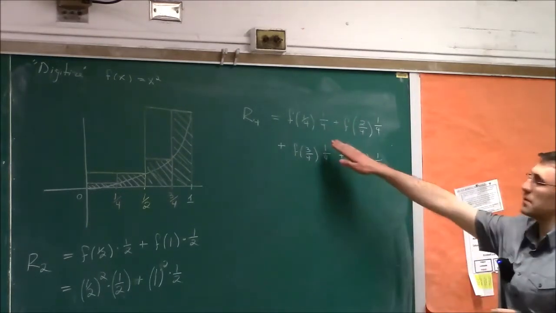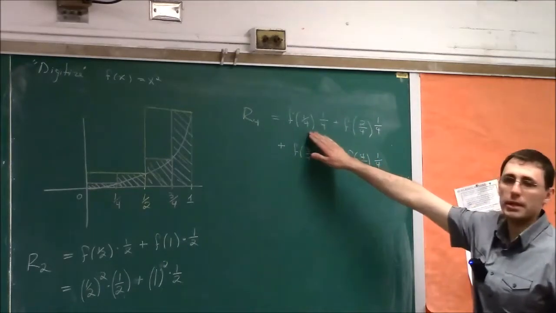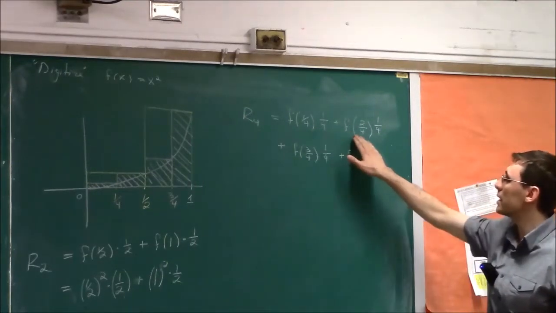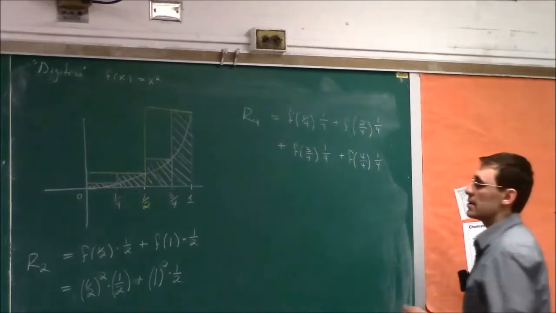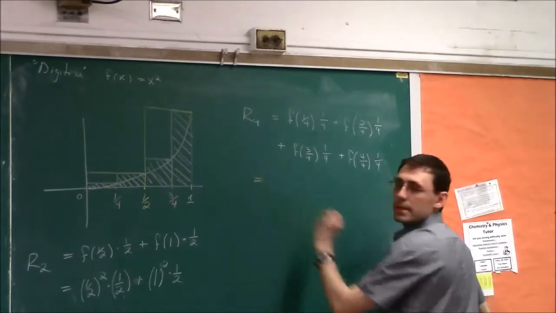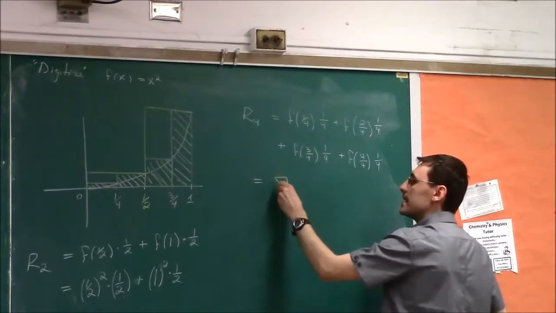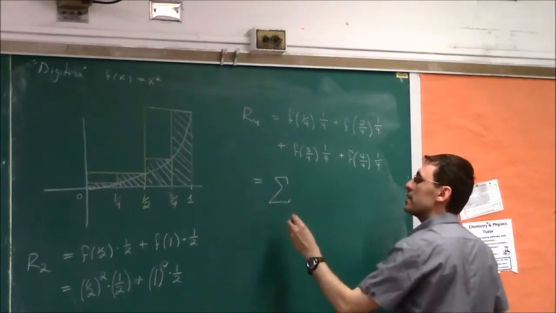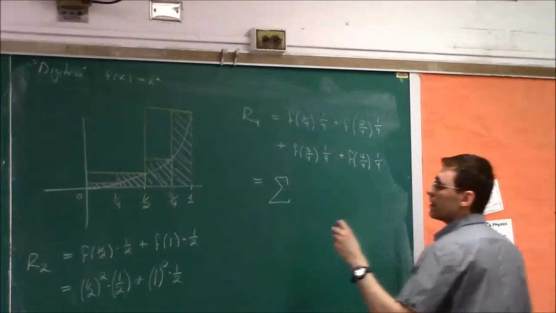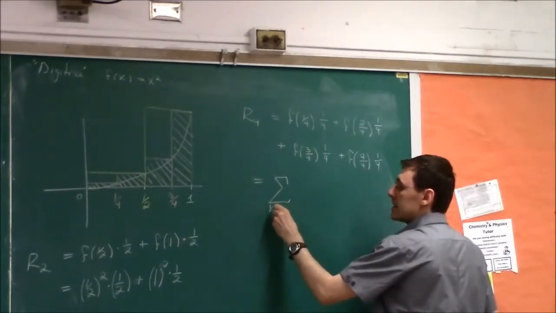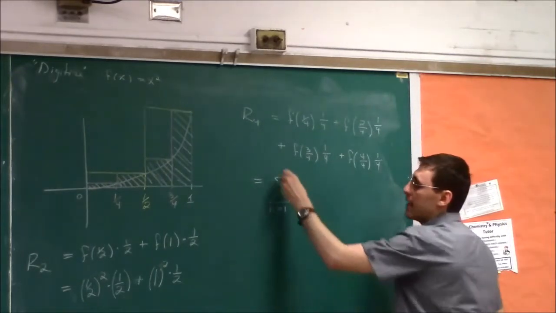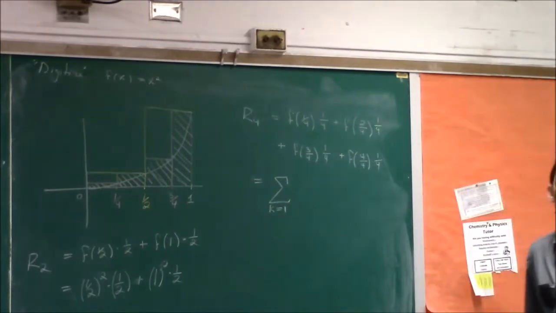Now notice it becomes very unwieldy to write the many terms, right? So here is the first term, second term, third term, fourth term. So we begin to utilize the Riemann sum. So what is that? This is a summation where k starts from 1 and ends where? k stands for how many rectangles we are summing.